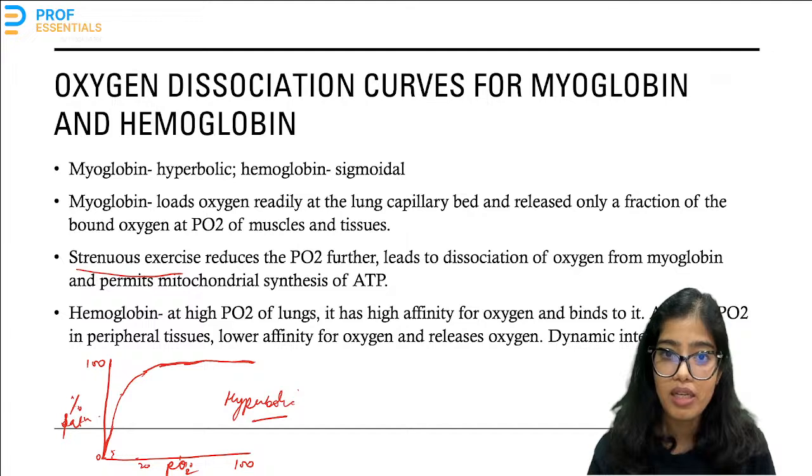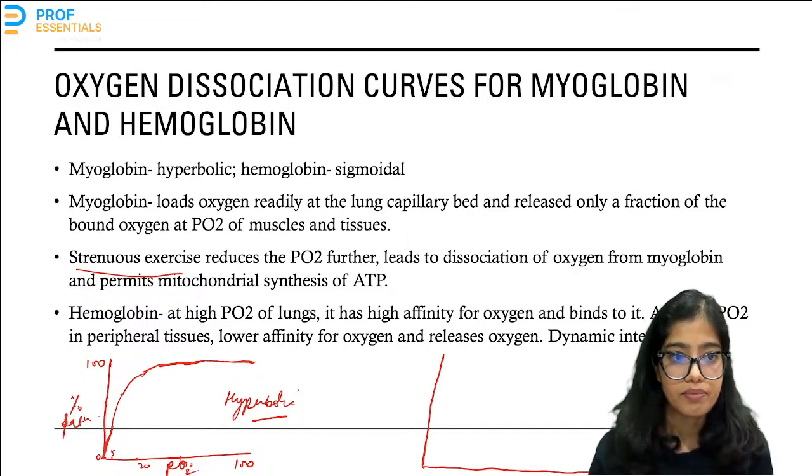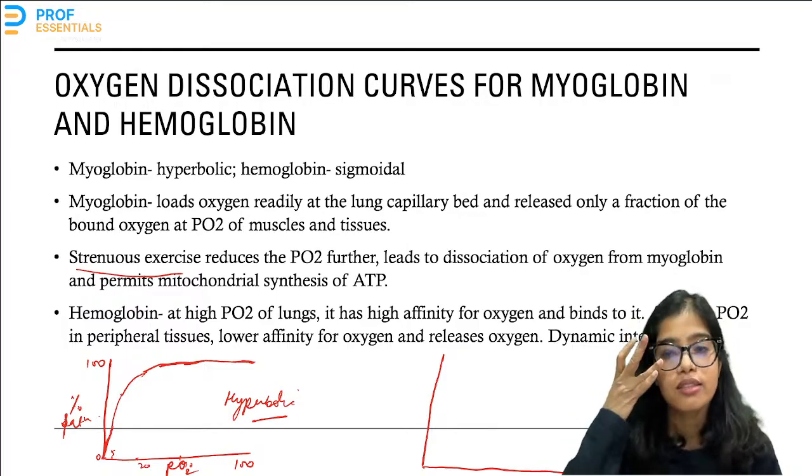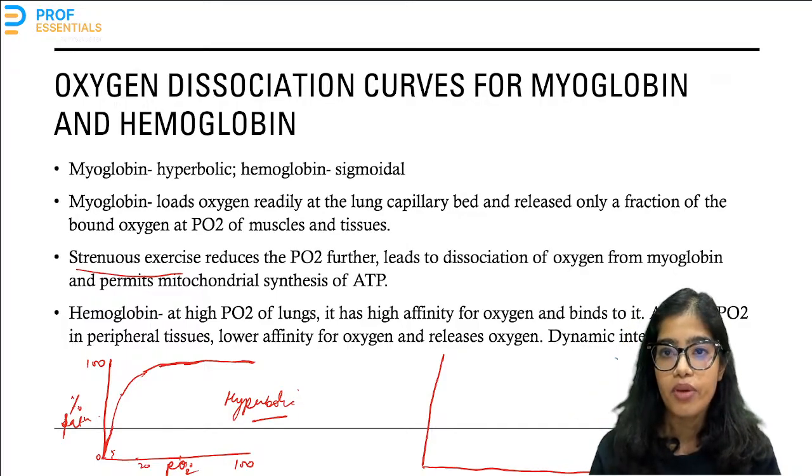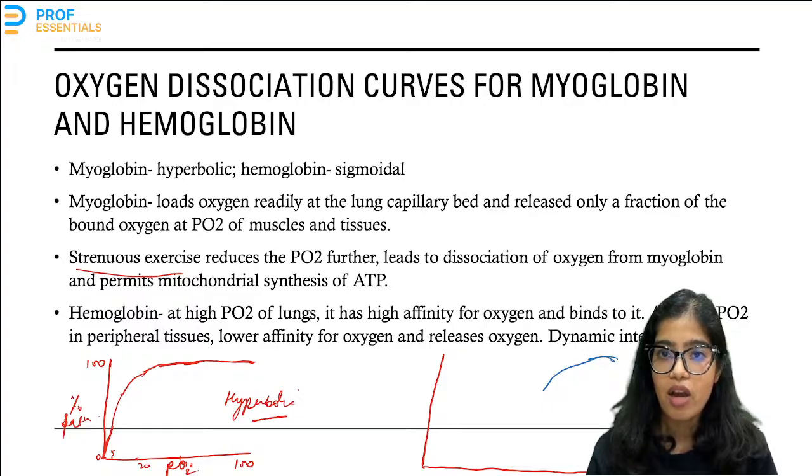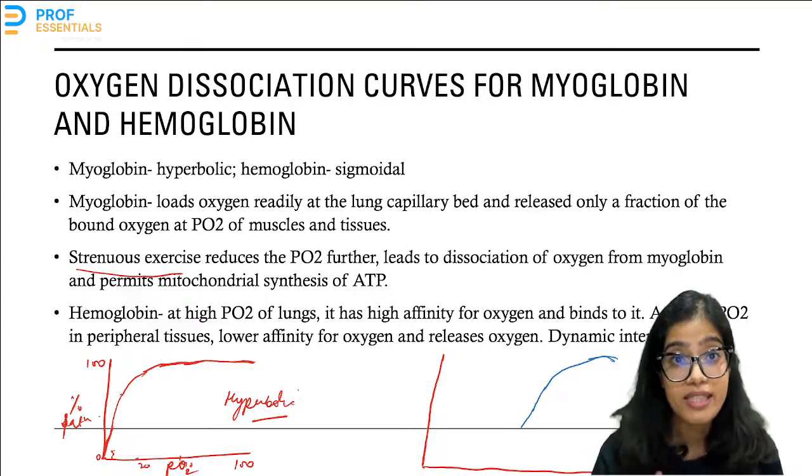Whereas hemoglobin is a dynamic molecule. What happens is, it will get saturated with oxygen at the lung capillary bed, at around 100 mm of mercury pressure of oxygen. Then when it encounters low partial pressure of oxygen, it is going to get converted to the deoxygenated state, or the taut state.